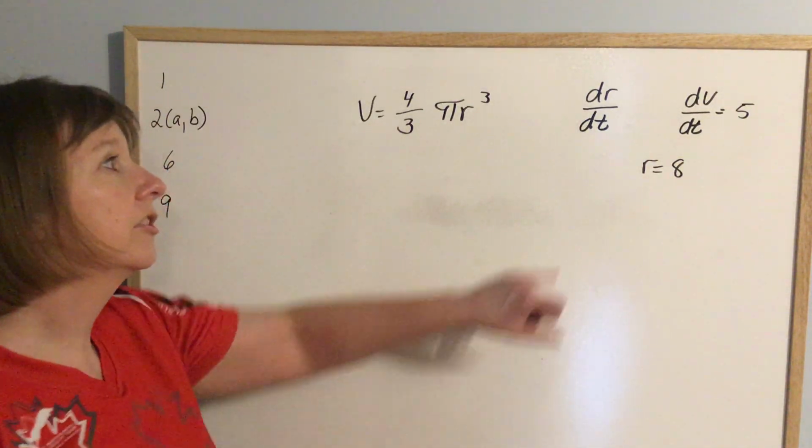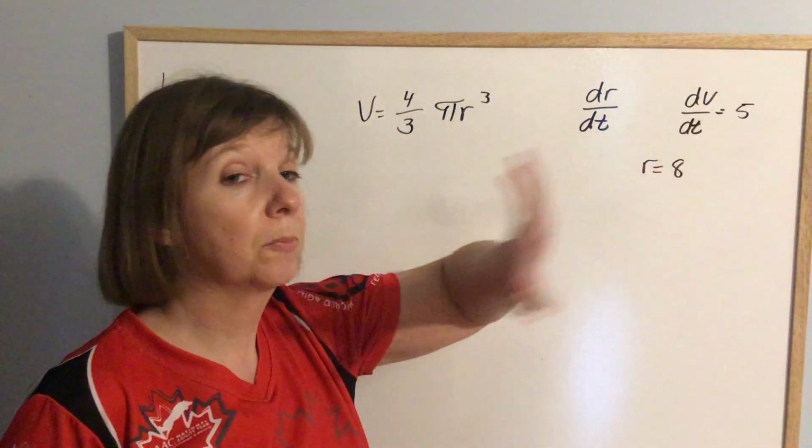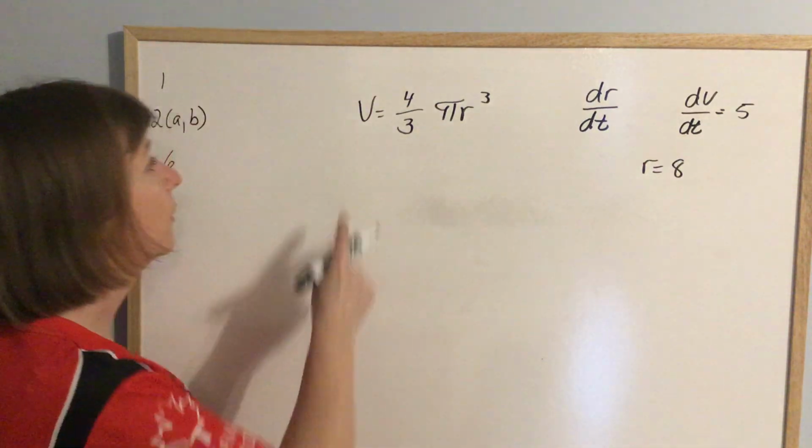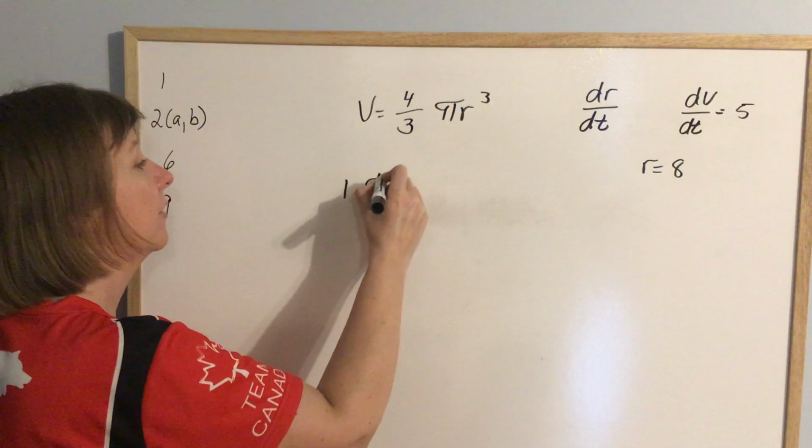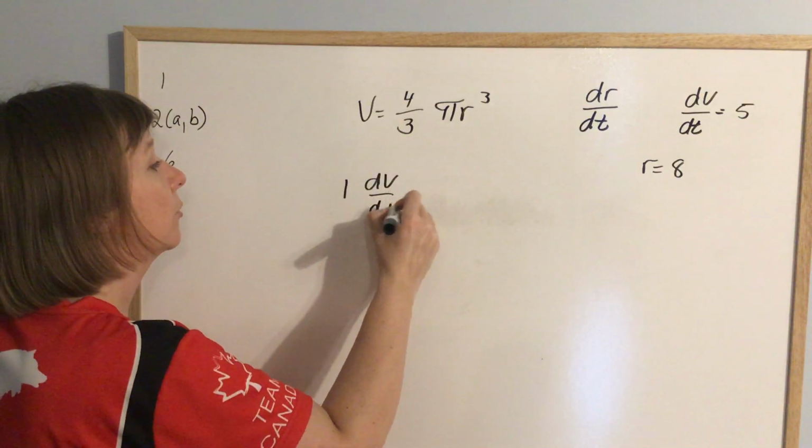So again, they're telling us we're doing the derivative with respect to time here. So the derivative of v is 1, but I have to say I did the derivative of v with respect to time.